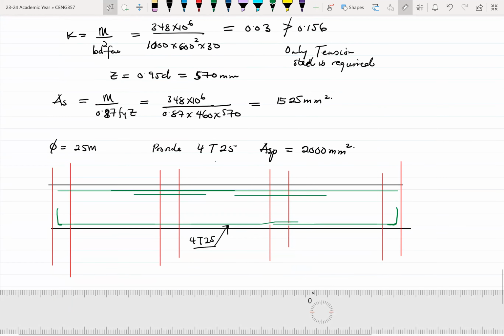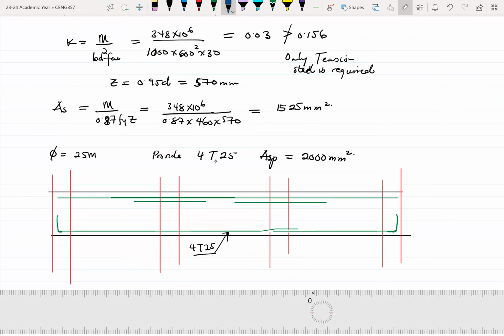Okay. So which means that the one here is 3T25, maybe you can call it T1, and then the second one here is 3T25, T2.